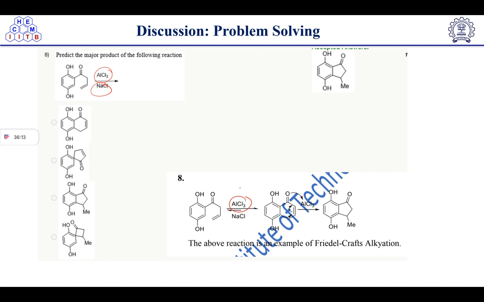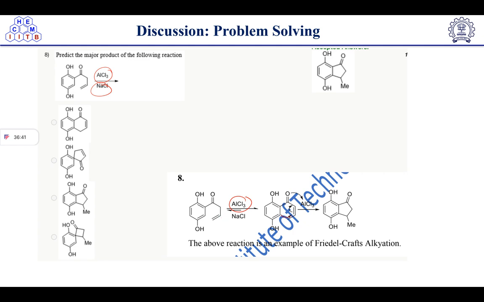So the benzene ring is there, which will attack on this center. First double bond isomerization is taking place.